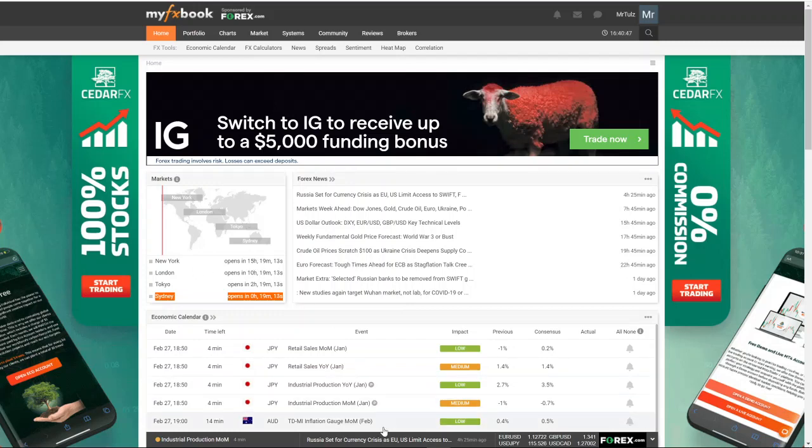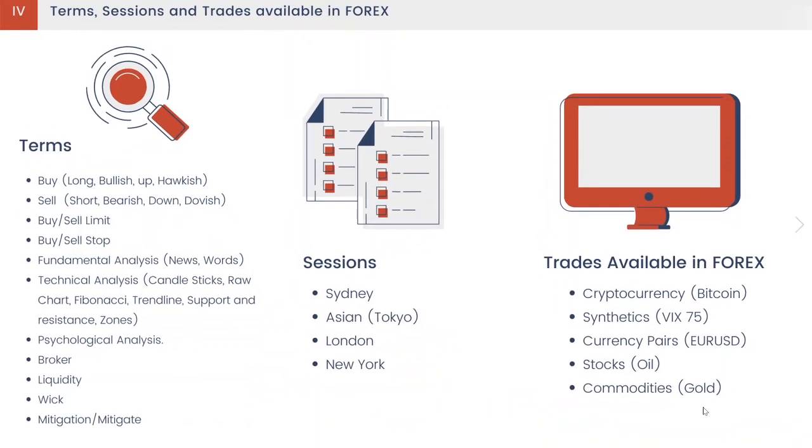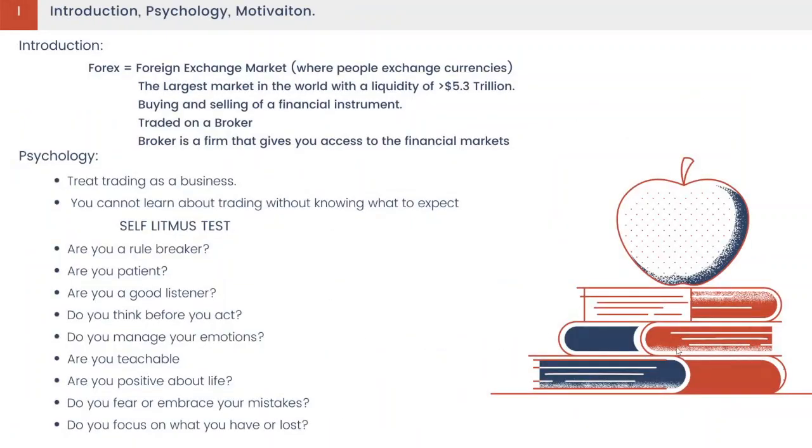Now Forex market is usually traded from Mondays to Fridays. I said that before in the group, and the reason it is traded from Mondays to Fridays is because only currency pairs are traded from Mondays to Fridays, okay? I said in the beginning that Forex has a market capital, a liquidity of greater than $5.3 trillion. I said liquidity means capital, it means the money in the market, right?